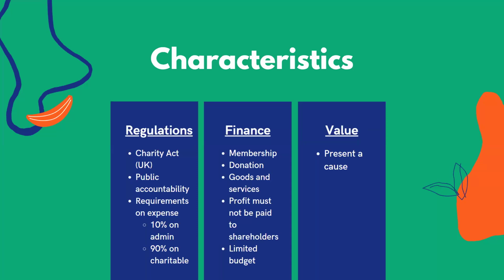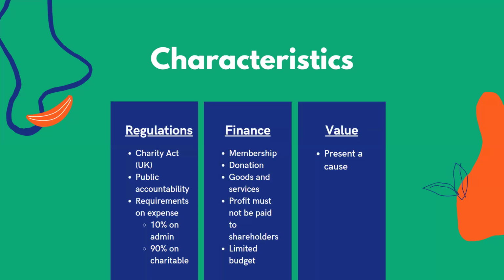Okay, so they also have regulations, like in the UK, they have a piece of legislation on this, like the Charity Act, and also they have public accountability. They need to publish their account and let the auditor and other independent parties look at that and have some kind of supervision.